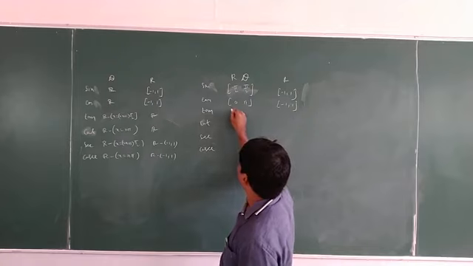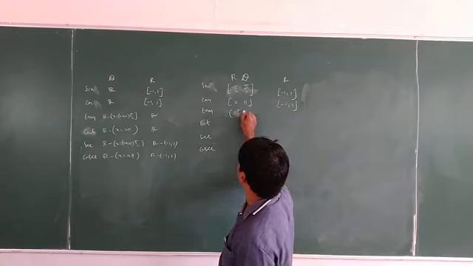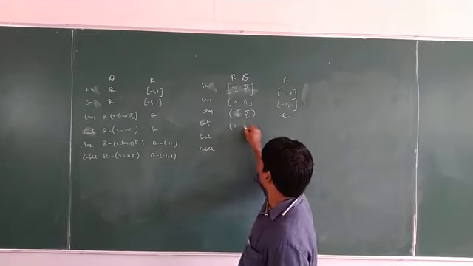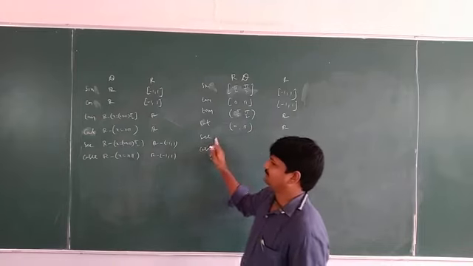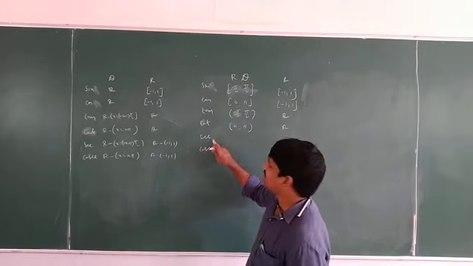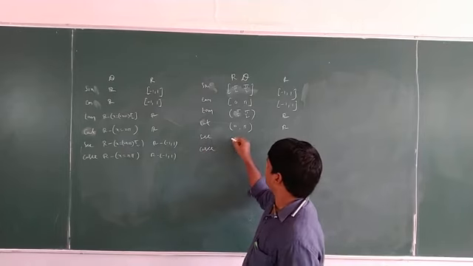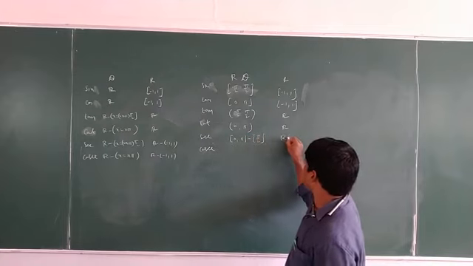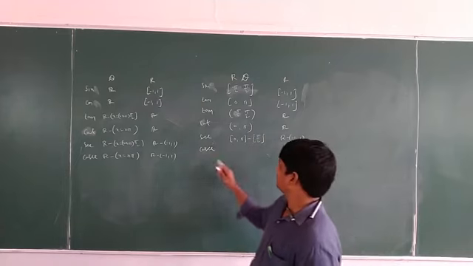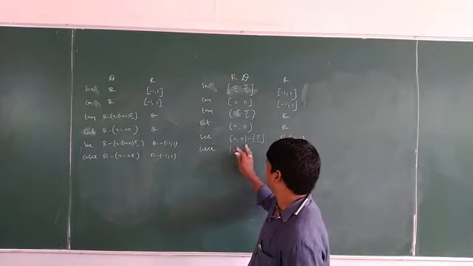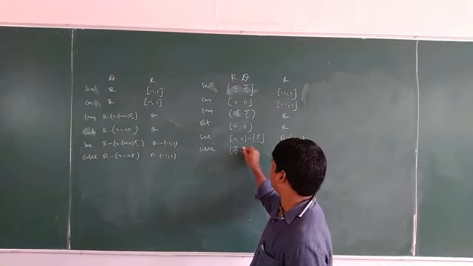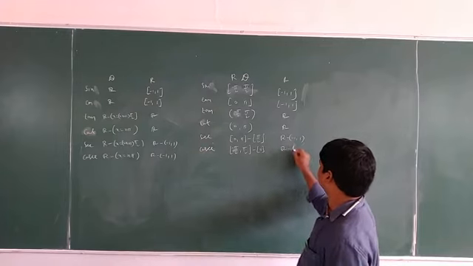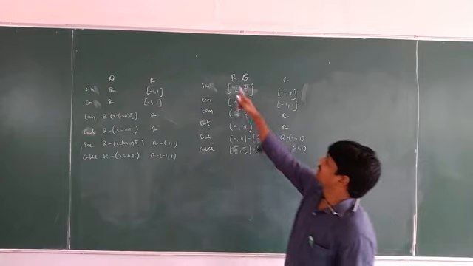Tan: open interval (-pi/2, pi/2), range R. Cot: open interval (0, pi), range R. Secant depends upon cos: closed [0, pi] minus {pi/2}, range R minus (-1, 1). Next cosecant depends upon sin: [-pi/2, pi/2] minus {0}, range R minus (-1, 1). Clear? These are the restricted domains and ranges.